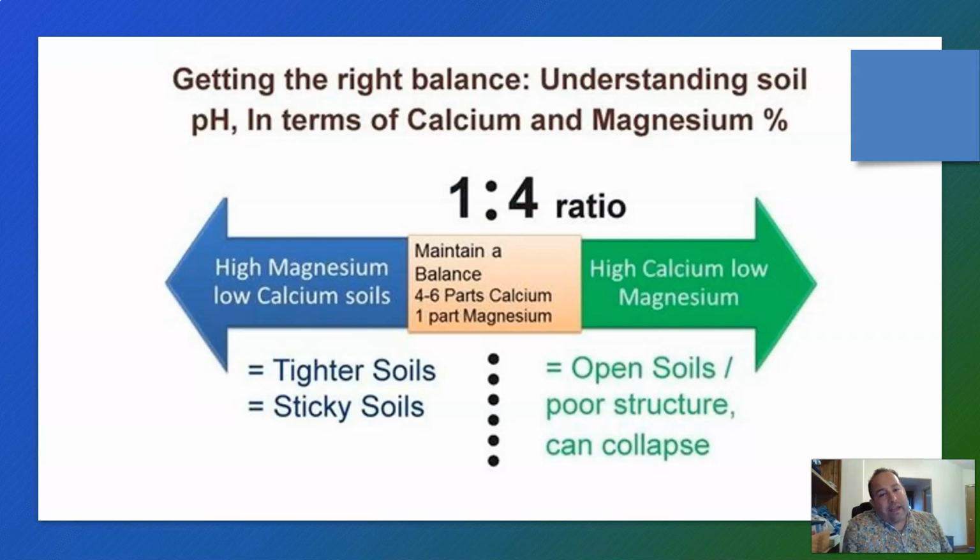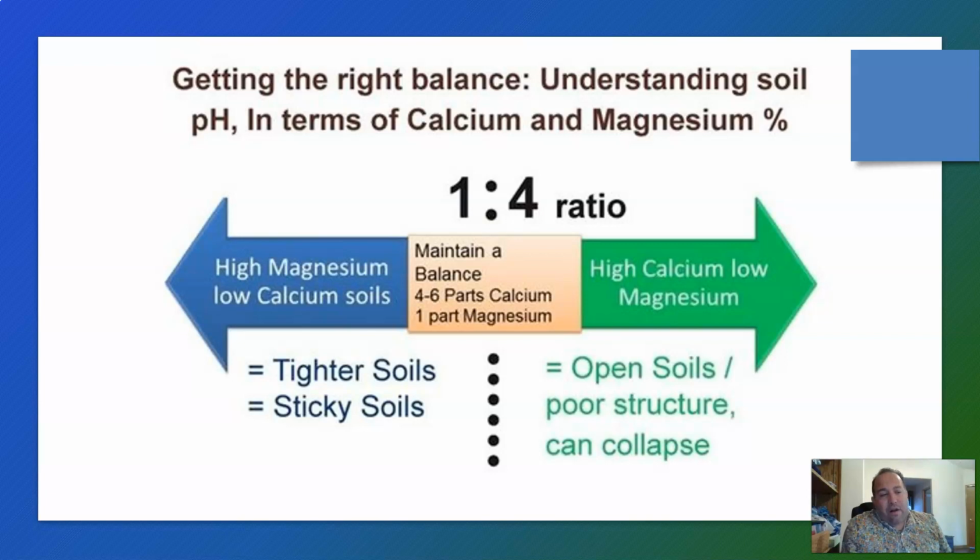So when looking at this graphic right here, the whole story is the idea that you want to get the right balance. So you really need to understand your soil pH, because when you have acidic soils, you're going to have high magnesium, you're going to have lower calcium, they're going to be tighter and stickier soils.